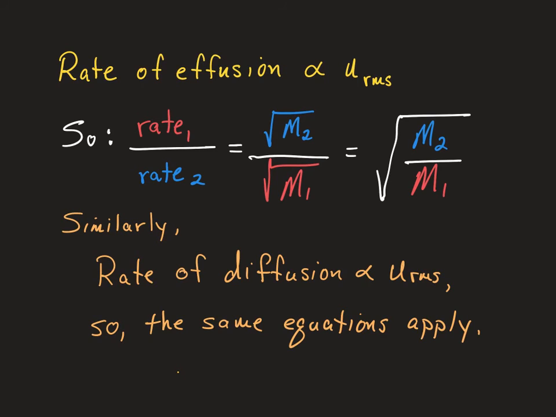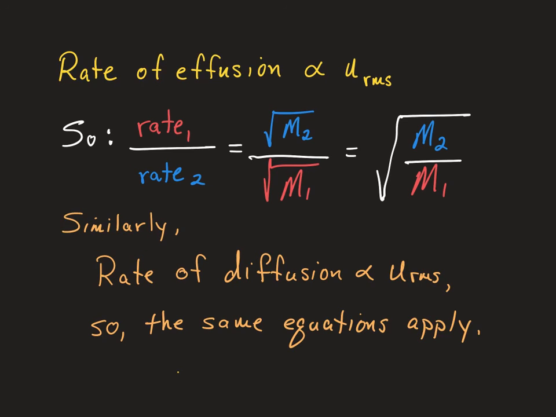Since the rate of effusion is proportional to the root mean squared velocity, we can substitute rate of effusion where root mean squared velocity is, and we still get a ratio of rates, and we get Graham's law of effusion.